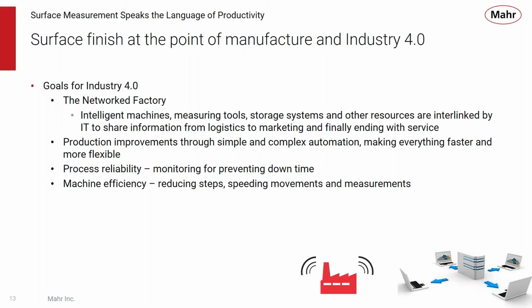We want production improvements through simple and complex automation, making everything faster and more flexible. We want process reliability where we can monitor and prevent downtime in terms of machines, but also prevent bad parts. And we want machining efficiency, reducing steps, speeding movements, making easy measurements for the operator.